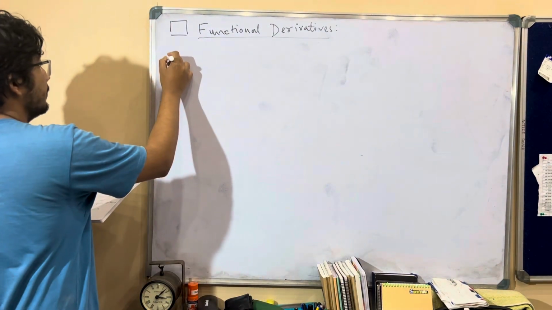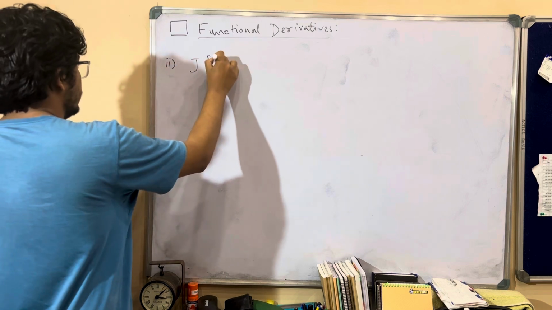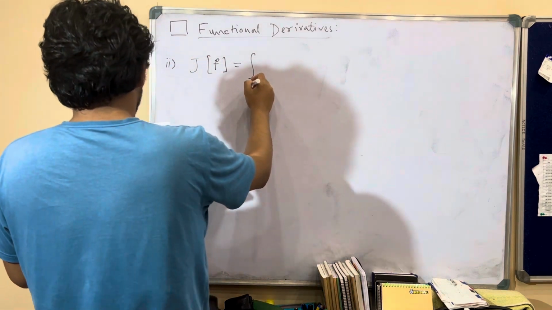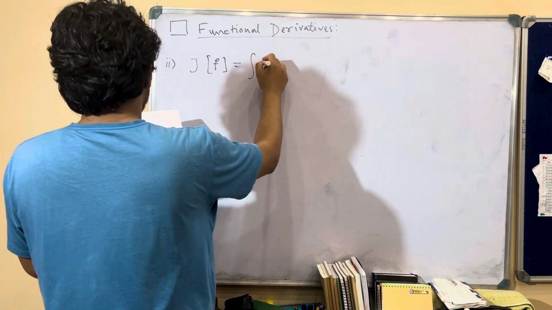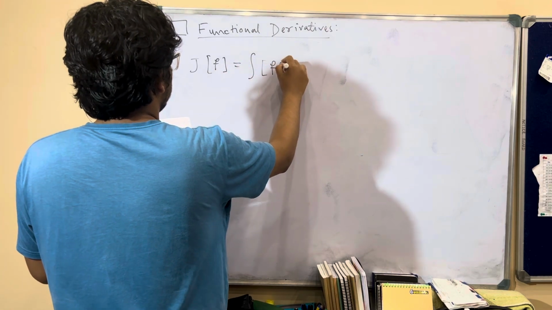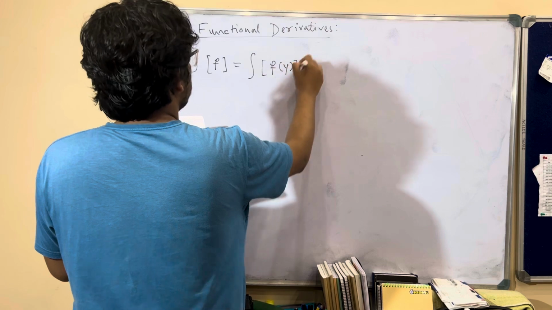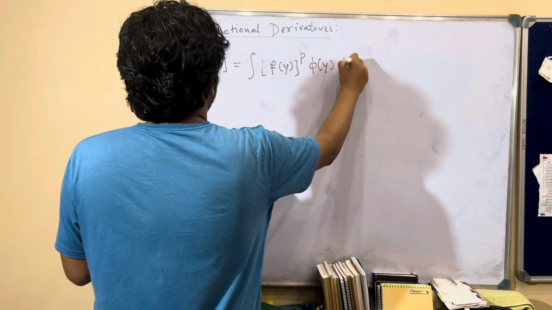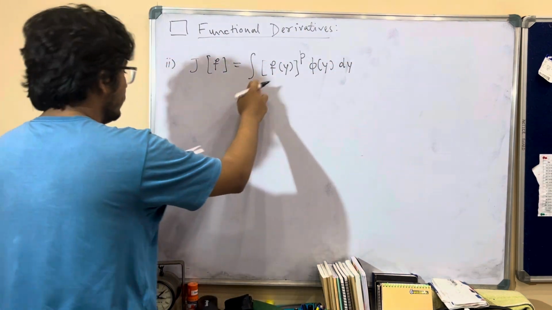The second example is another functional j with some limits. Okay, so there are some limits here.